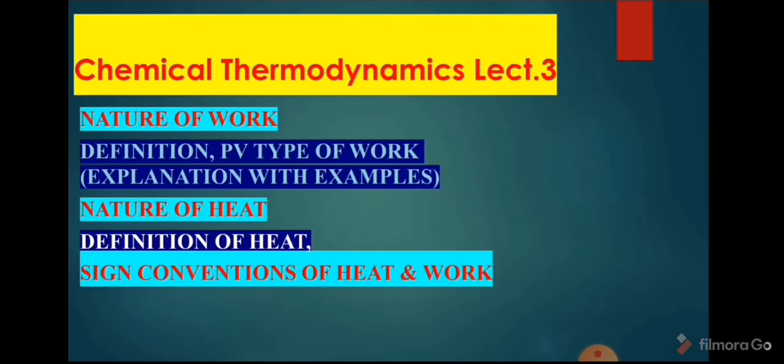If heat is not transferred, the loss of energy by the system is equal to work done by the system on the surrounding. This is PV expansion, or pressure volume expansion of a gas.